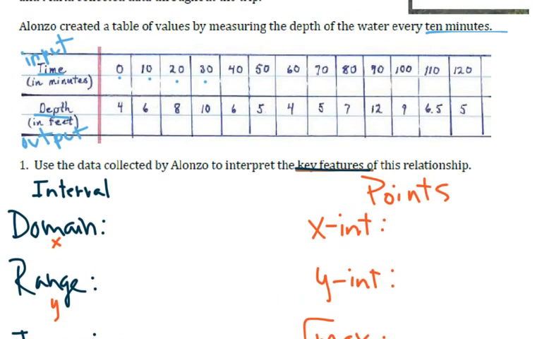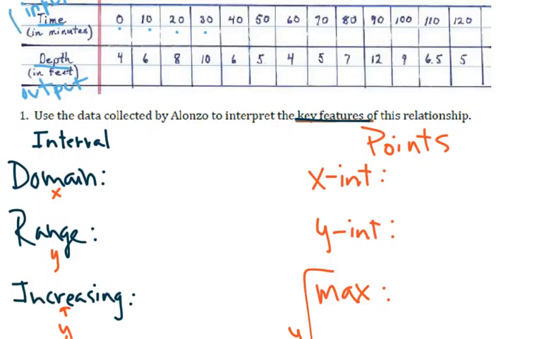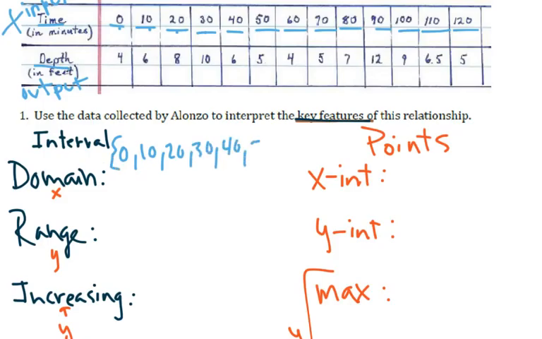Alright, so let's take a look first at the domain. Domain is the x values, the input values. So, what is our domain? Well, 0, 10, 20, 30, 40, 50, 60, 70, 80, 90, 100, 110, 120. All of those times. Now, there's two ways we could write this. We could write just all those numbers down, saying this is the set of numbers that exist in the domain.